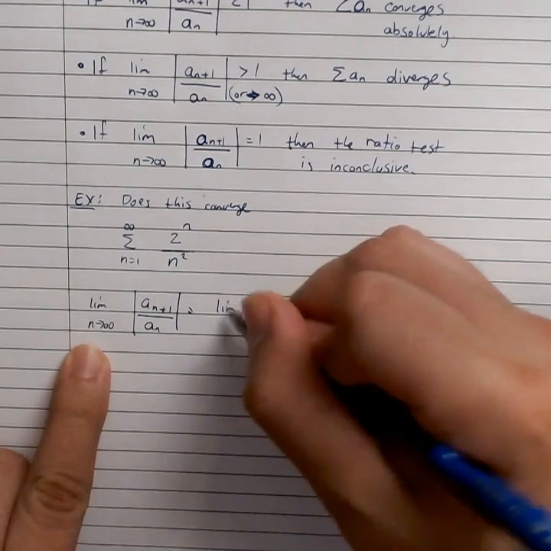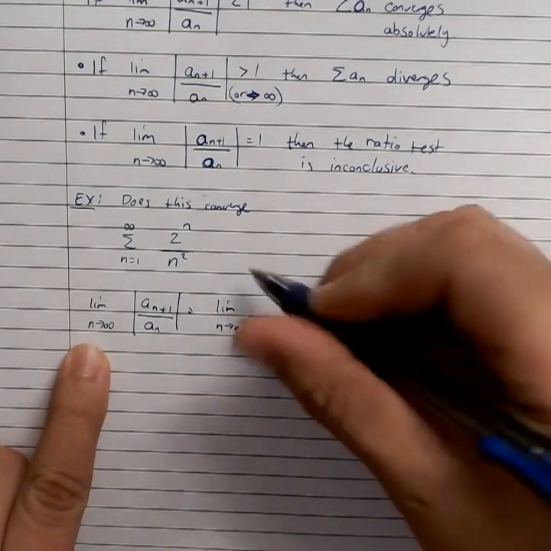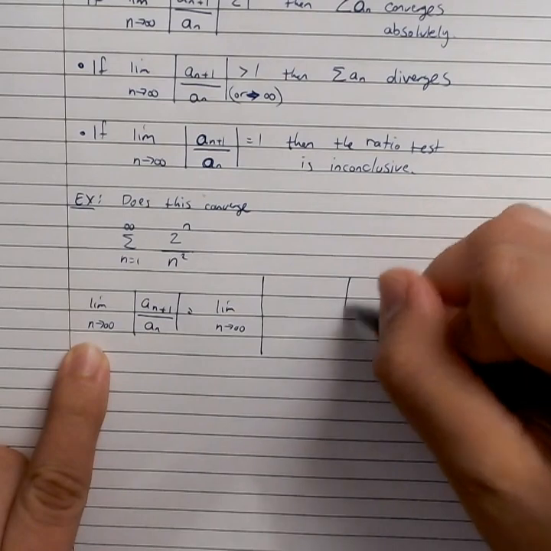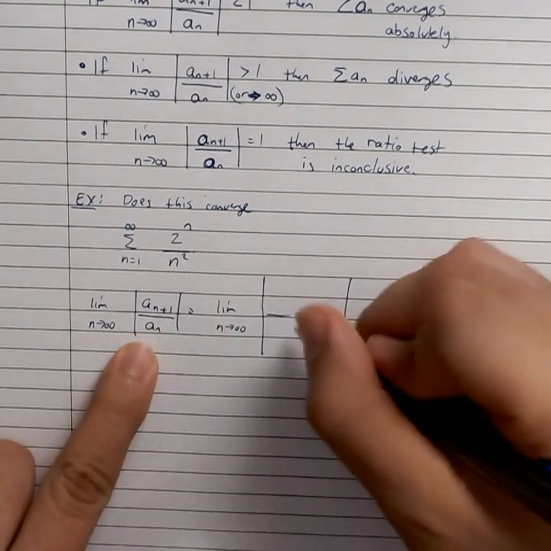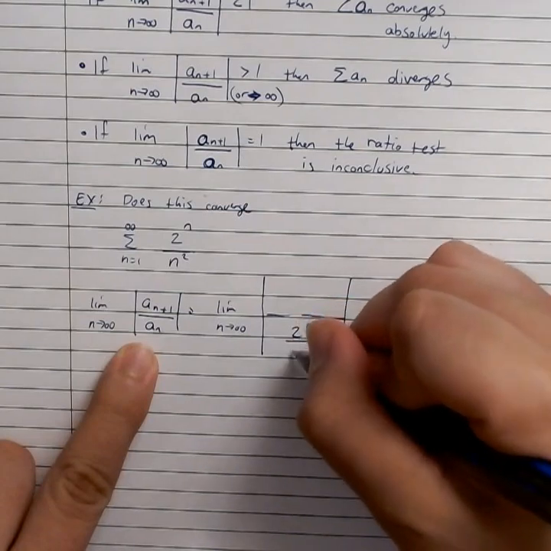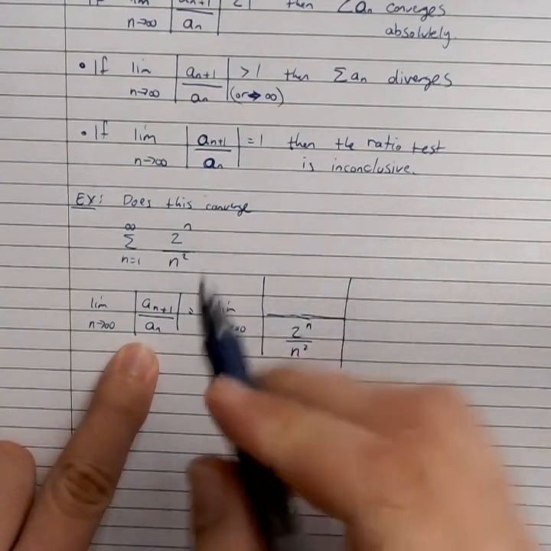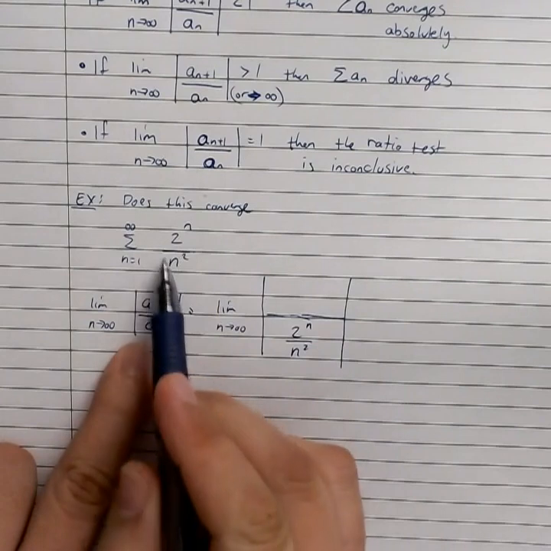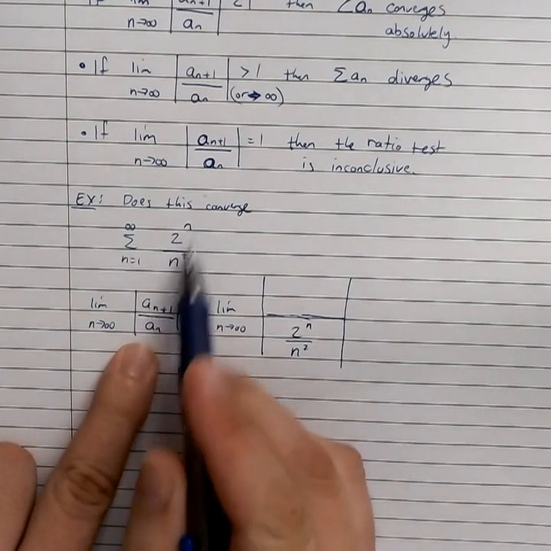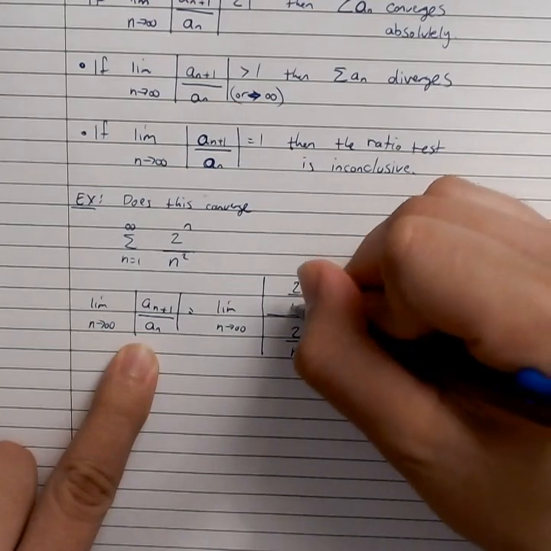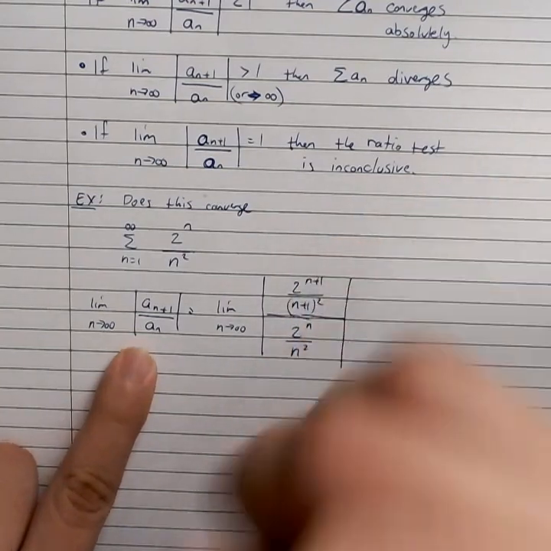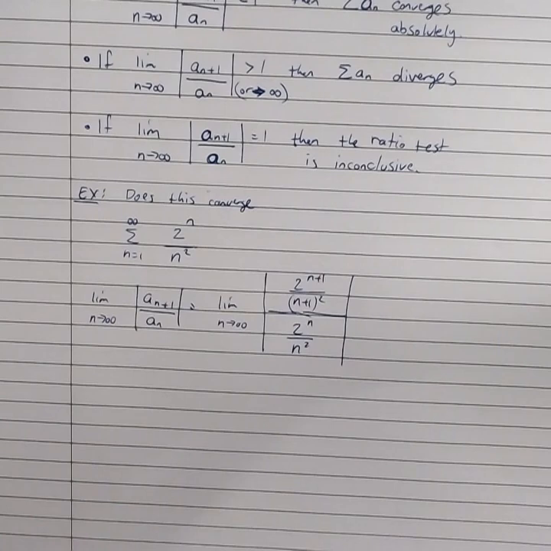That's going to be the limit as n approaches infinity of absolute value. The a sub n term is just the term we already have. So it's 2 to the n over n to the 2. The n plus first term is, well, instead of having these as n, they're n plus 1. So that's 2 to the power n plus 1 over n plus 1 squared, just like that.